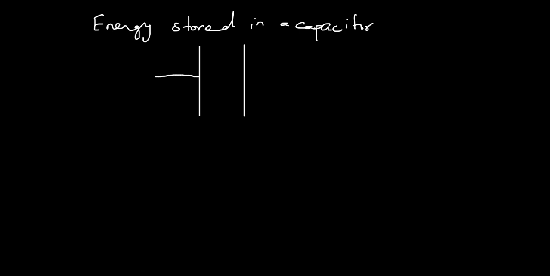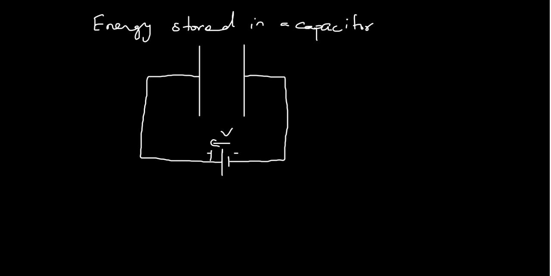It's a parallel plate capacitor. The power supply is given, and this is plus and minus. This is the potential. So this is the capacitor, and the voltage across the capacitor is given by V. So it's a closed loop.